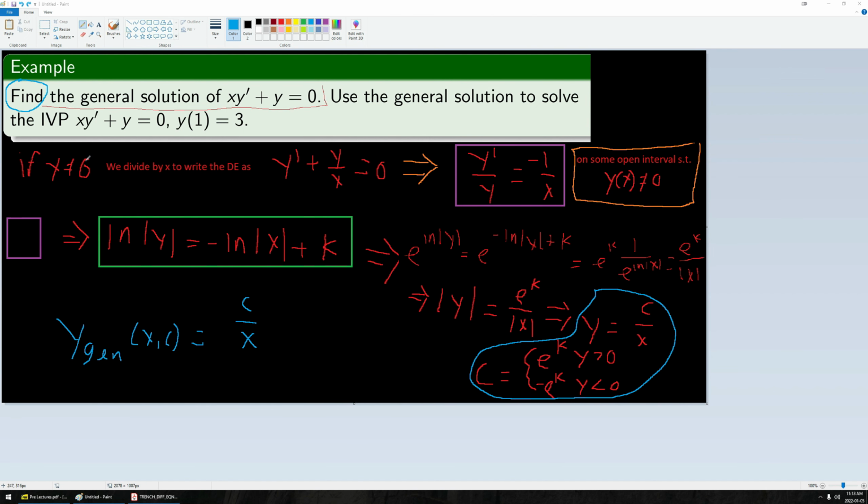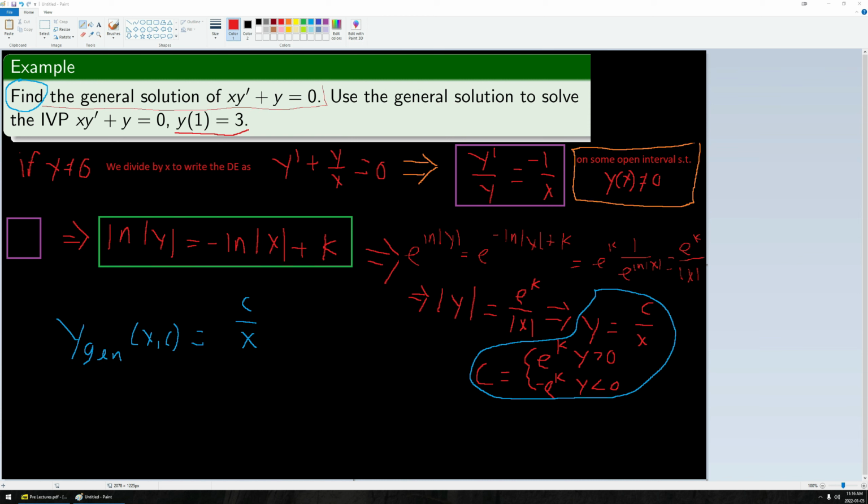Okay, so now that I have this general solution, I want to use this to solve this initial value problem. If I want to do that, all I have to do is take this expression, substitute this y_gen in for this y, and then simply find the value of c such that this condition is satisfied. So explicitly, y of 1, well, y_gen of 1, that's just going to be c over 1.